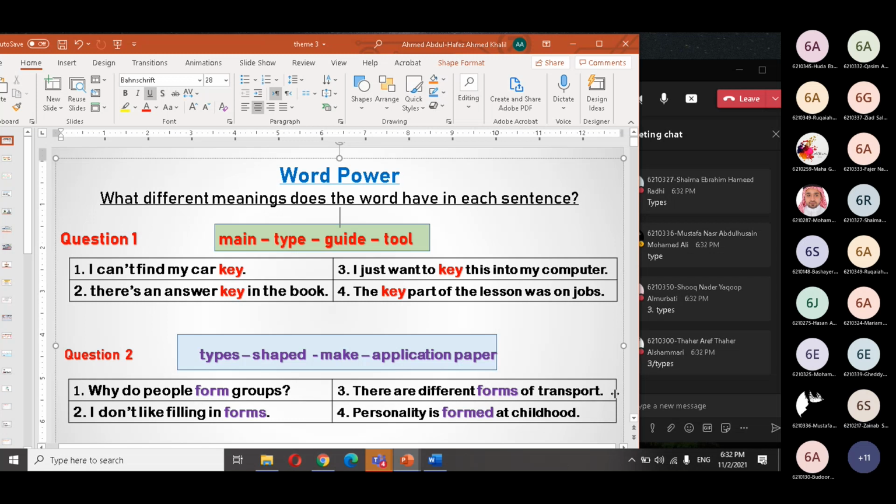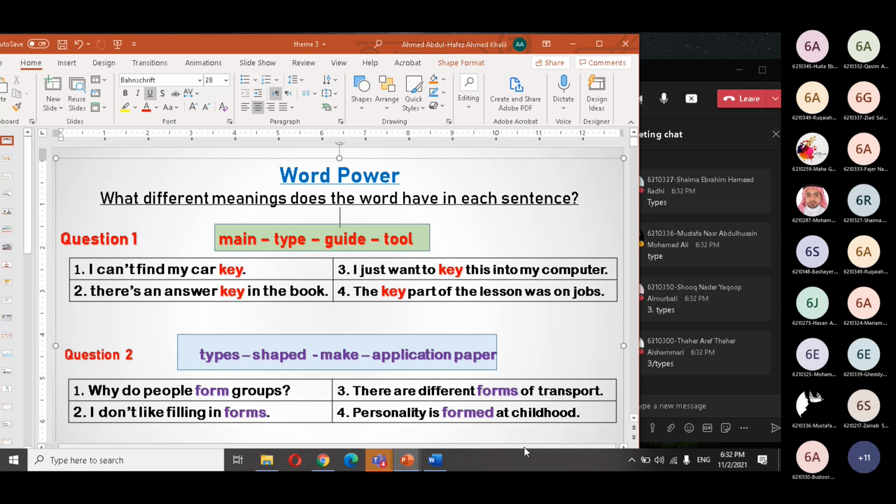Okay, there are different forms of transport, meaning different types of transport. So forms here, there are different forms, means there are different types of transport.